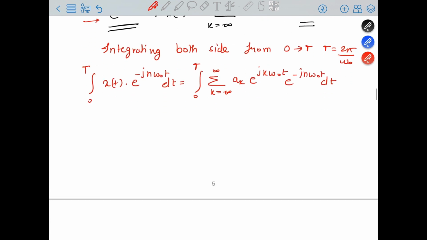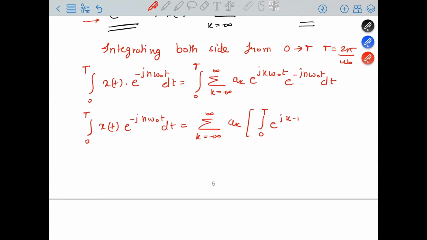Now, summation and integration are linear operations, so we can interchange them. So we can write the integral from 0 to T of x(t) e^(-jnω₀t) dt equals the summation over k from minus infinity to infinity of a_k, with the integration now shifted to the expression e^(j(k-n)ω₀t) dt.